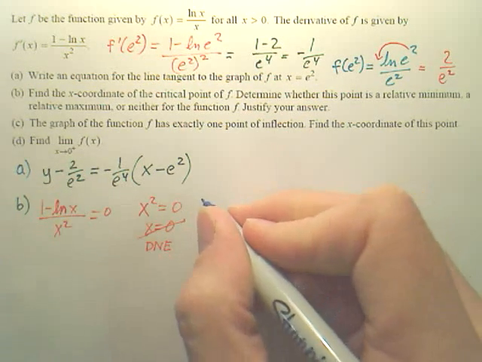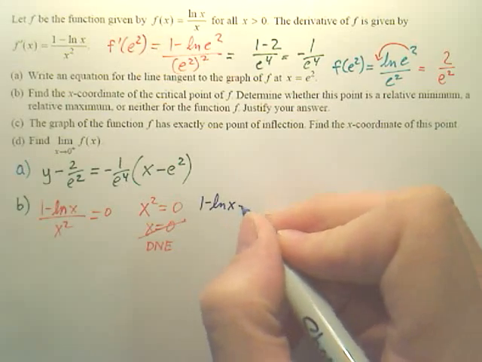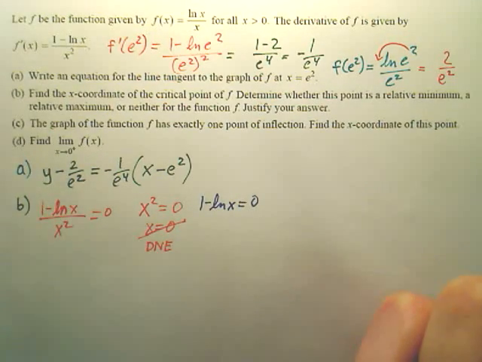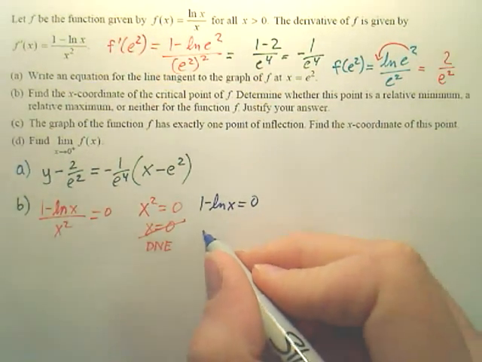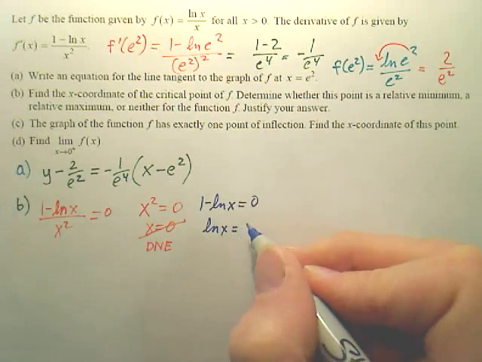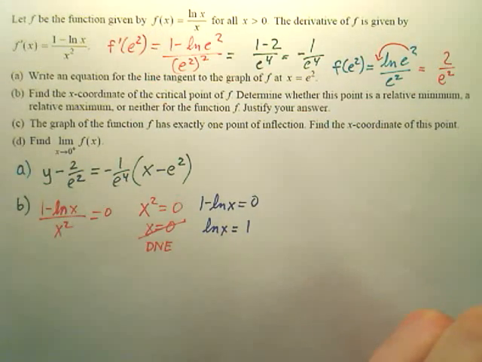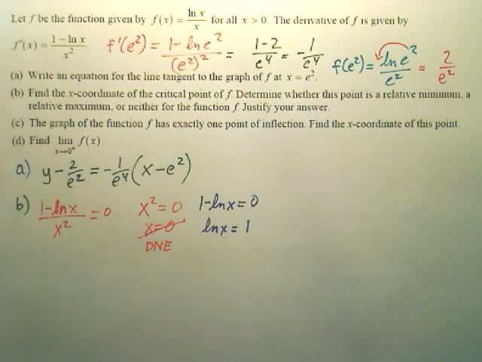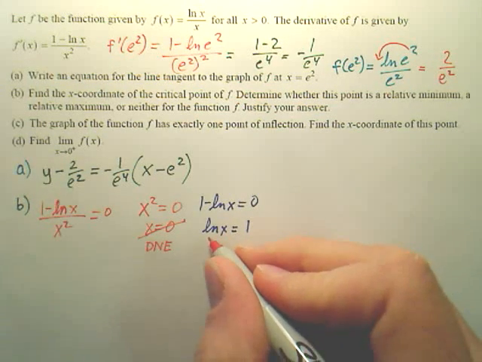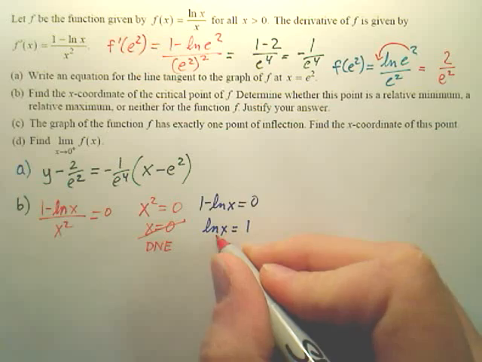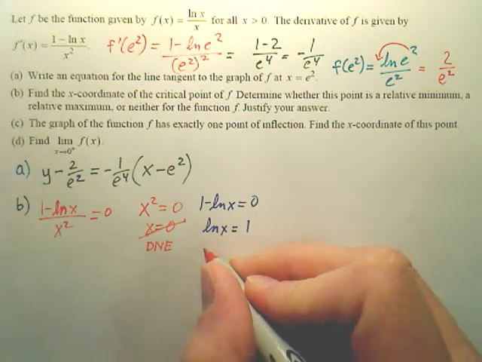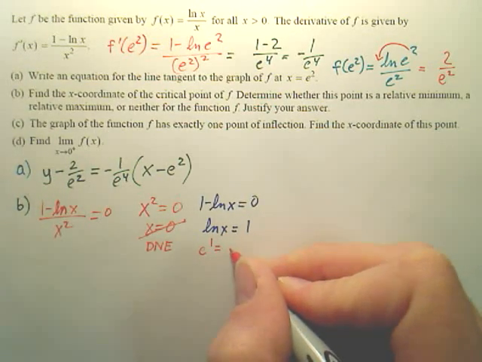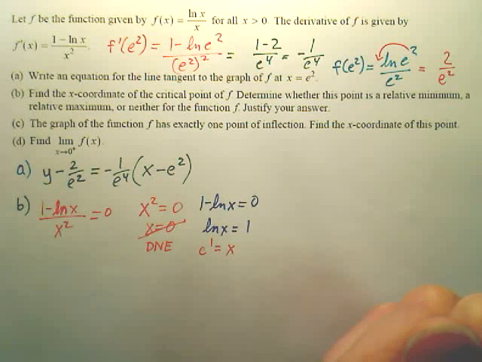And the other one, we're going to set 1 minus ln x equal to 0. That ends up getting ln x equals 1. Now that might mess some of you up, but if we solve that, isn't there a base e here? E to the first equals x.